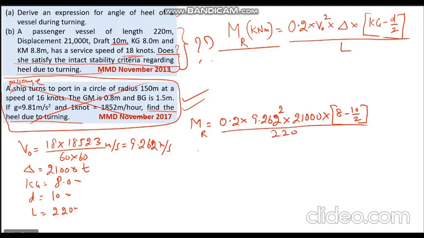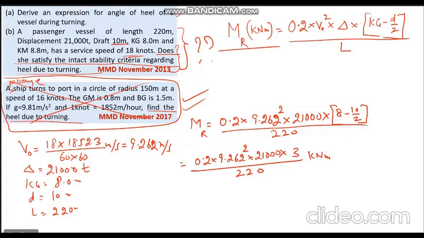Do you agree with me? This is equal to 0.2 into 9.262 square into 21,000 into 3 upon 220. This is in kilonewton meter, correct, beta? Yes, sir, 530.46. Or leave it like this, no problem. Okay, you have calculated, fine, fair enough.